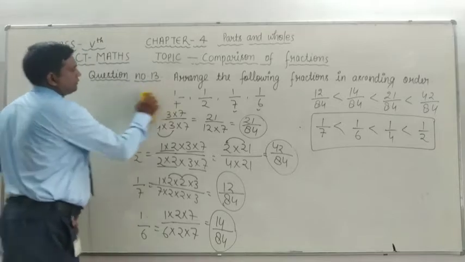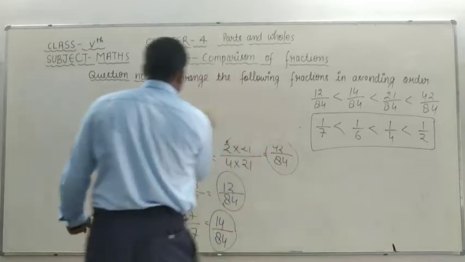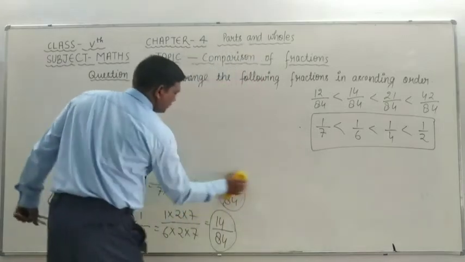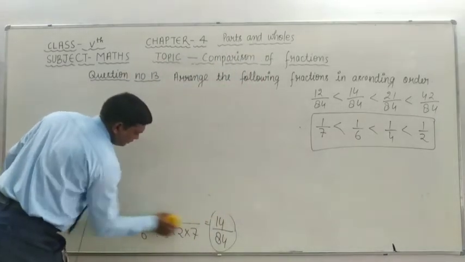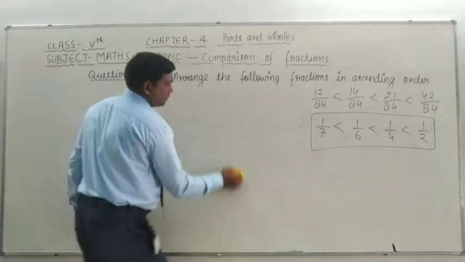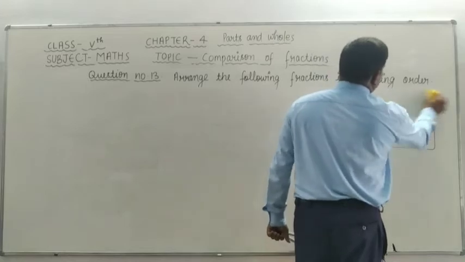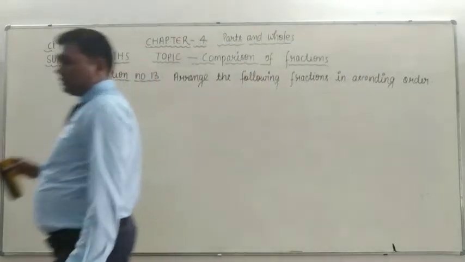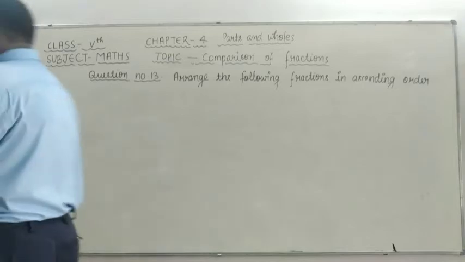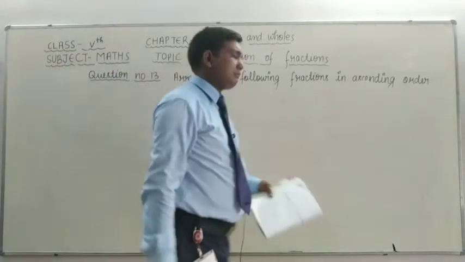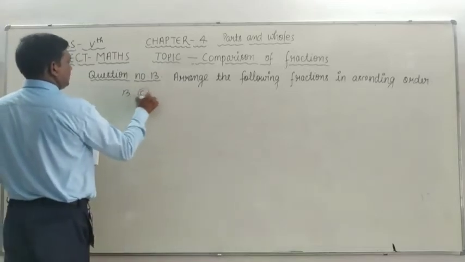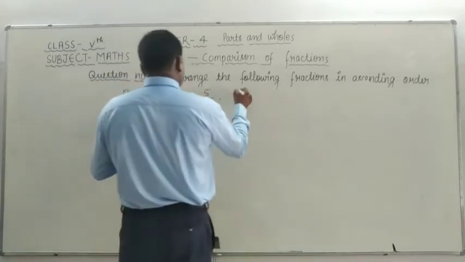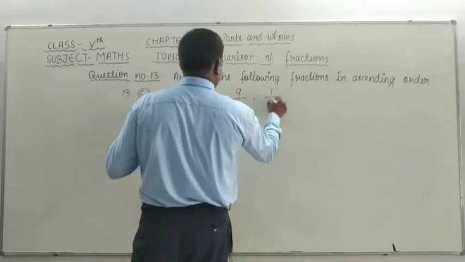Now read this. Question number 13 of C. Look, 13 of C. Here given that 3 over 4, 5 over 8, 9 over 16 and 1 over 2.